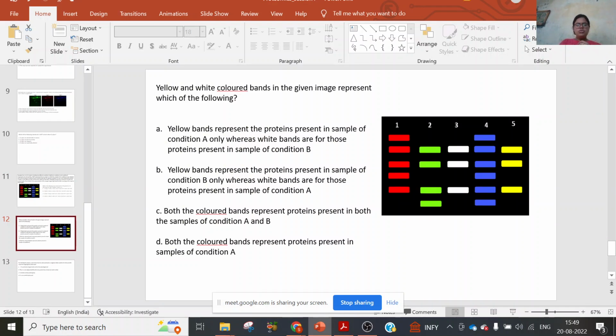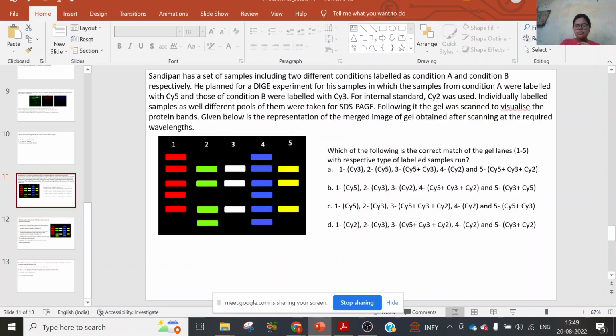Now coming to option D, both the colored bands represent proteins present in samples of condition A. This cannot be correct, because we can see that the yellow band is from Psi5 plus Psi3, which is condition A and condition B. You are labeling condition A with Psi5 and B with Psi3, so this band results from proteins from both conditions.